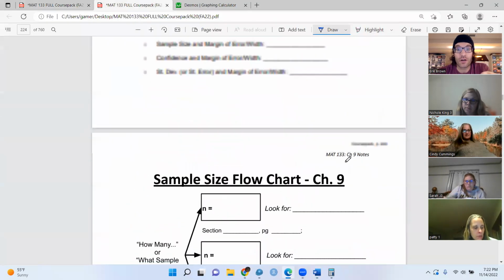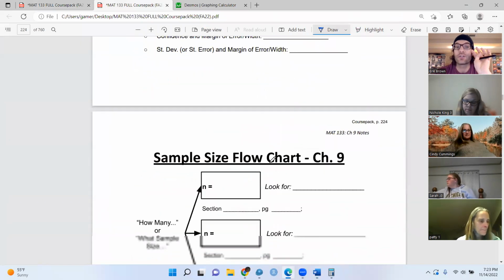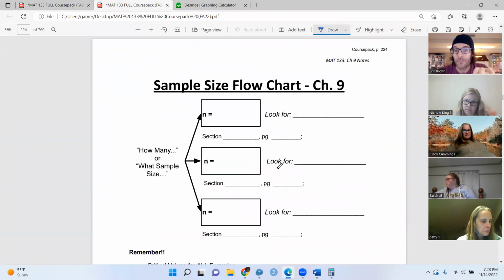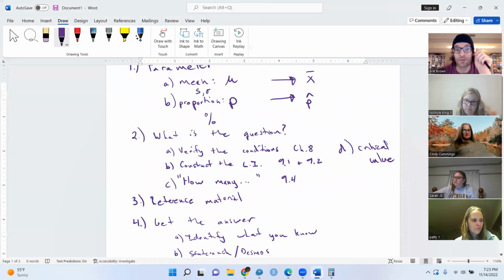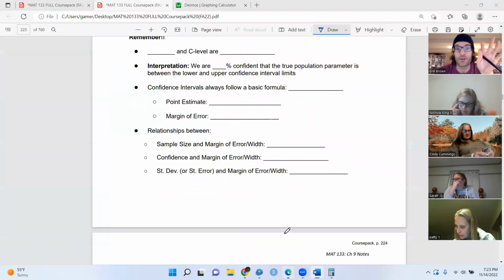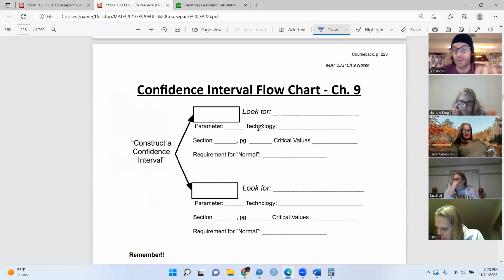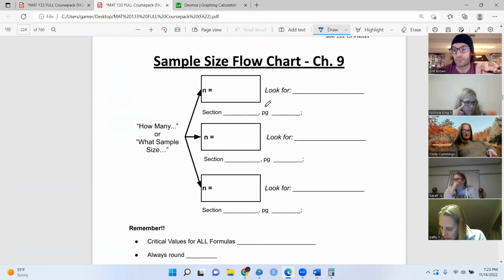So I think Patty has a great idea, and that is to maybe use these flow charts. There are two of them, right? There's one to flow with the confidence intervals and the other to flow with the sample size. So maybe it might be more helpful to figure out what the question is first, then what the parameter is, because the question determines whether you should be looking at the confidence interval flow chart or the sample size flow chart.